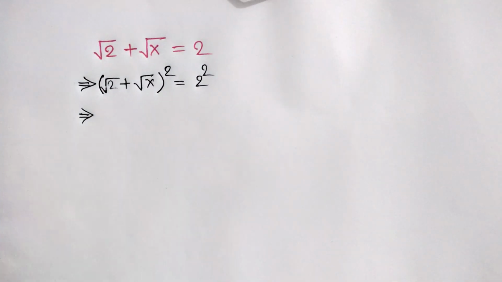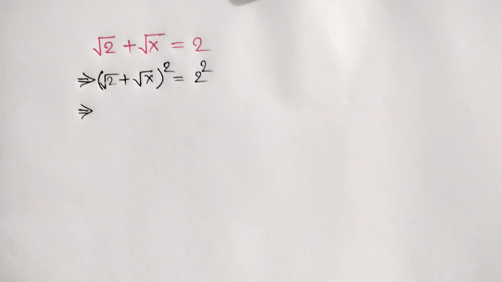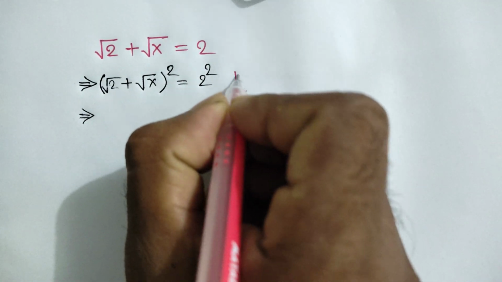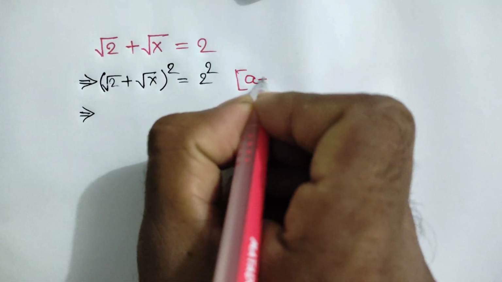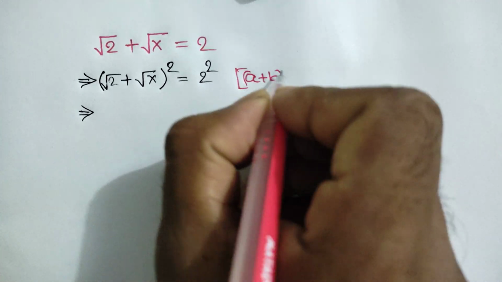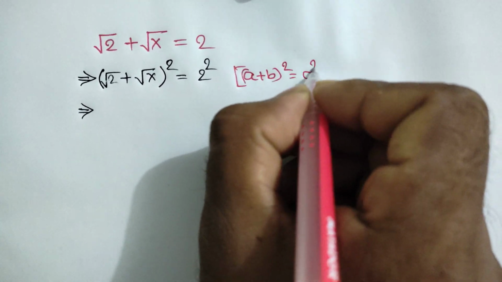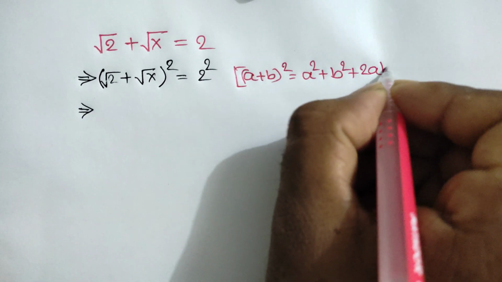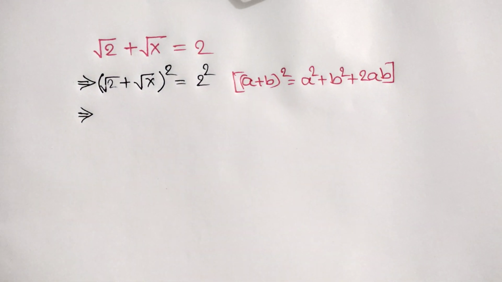We know an algebraic formula: (a plus b) whole square is equal to a square plus b square plus twice ab. Now apply this formula here.